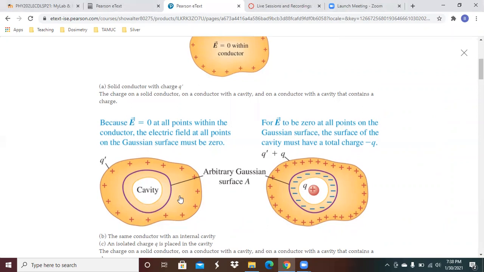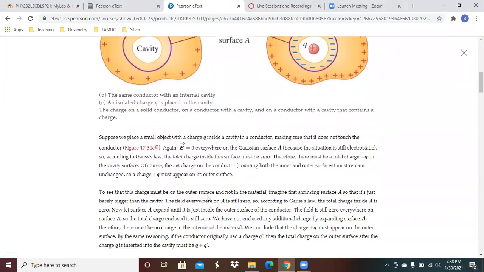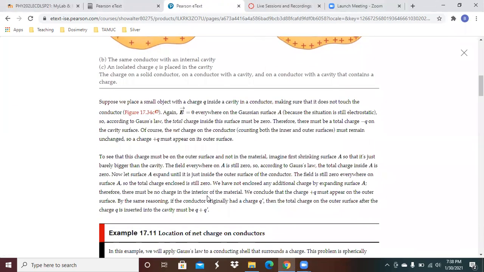Now, this Gaussian surface can be in several different spots, and expanded here, there, wherever. But let's say now, to complicate matters, that we have a cavity here. In order for the electric field to continue to be zero at all points on the Gaussian surface, the surface of the cavity here with a charge of Q in it must have a total charge of minus Q in order to keep things balanced.